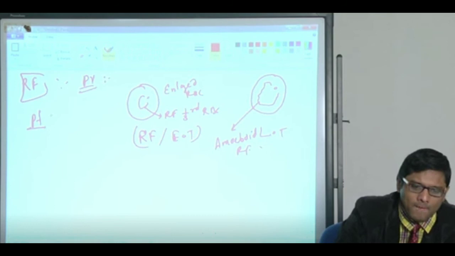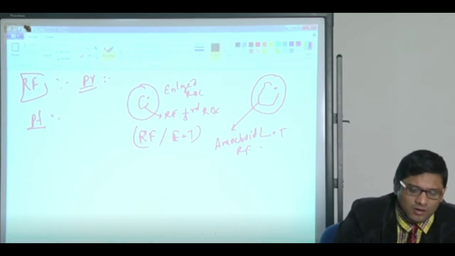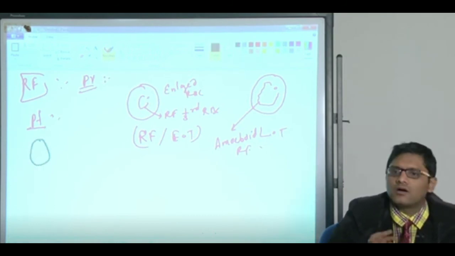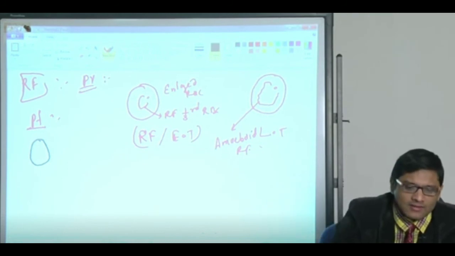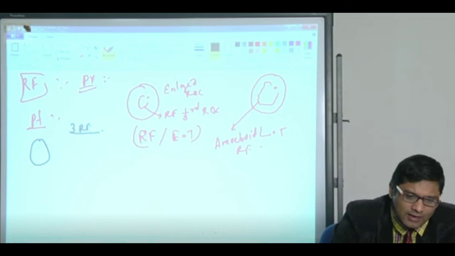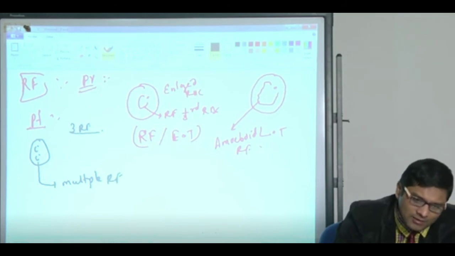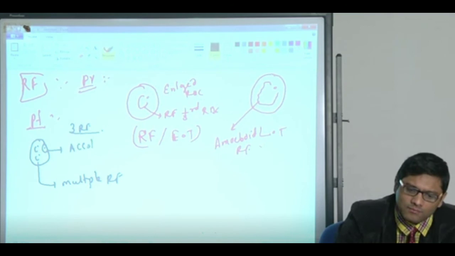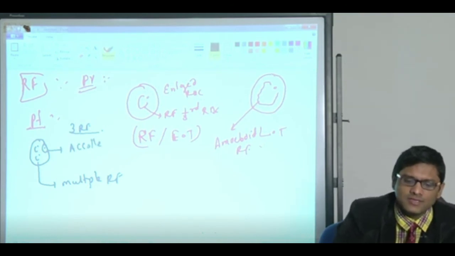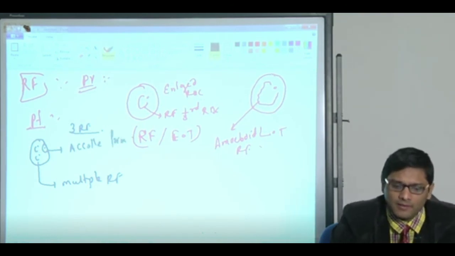Falciparum: the RBC is normal shaped, having three varieties of ring form. One is multiple ring forms. Another is a ring form attached to the RBC membrane, called accolé form.